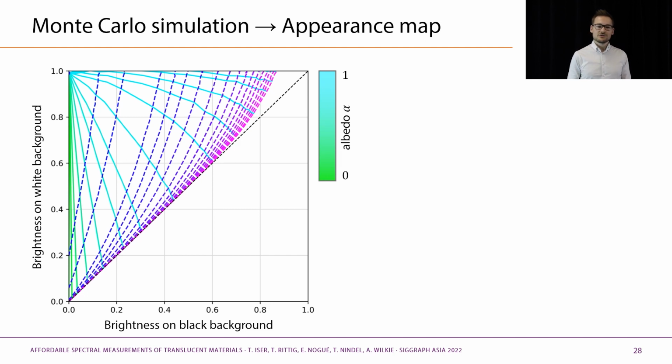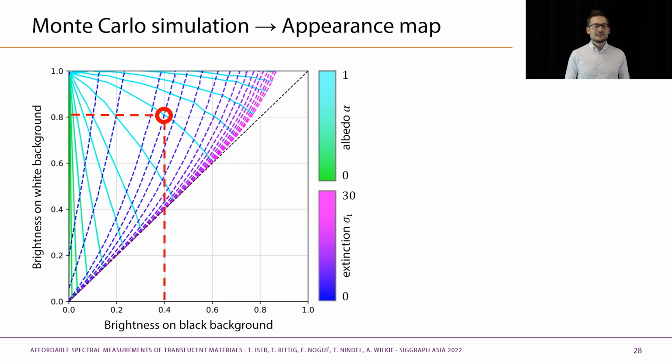There are several contours, 1 per each albedo, ranging from 0 to 1. The blue to purple contours connect all materials with the same extinction coefficient. This allows you to locate a material with given optical properties and see that its brightness against the black background is about 40%, while on the white background it is about 80%.